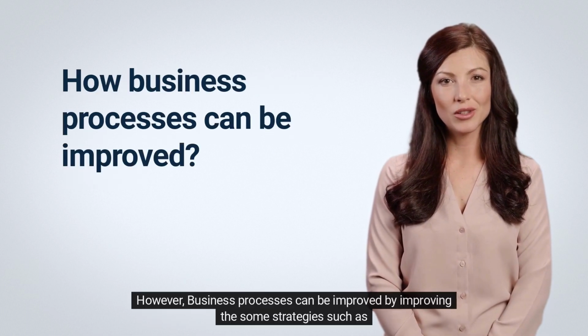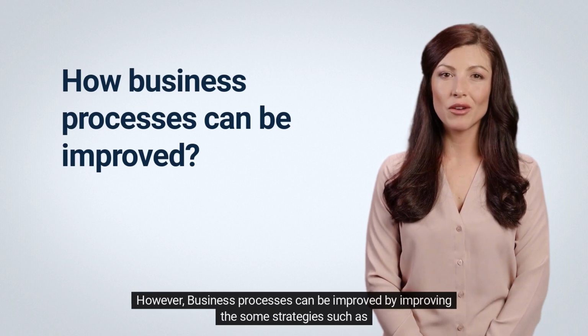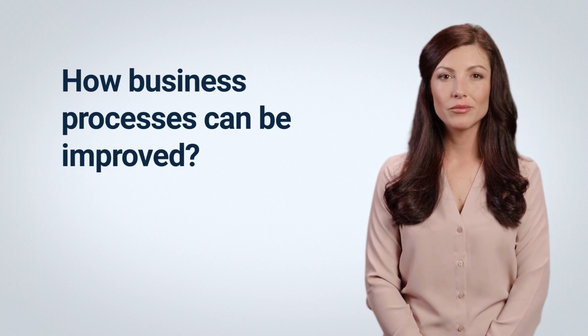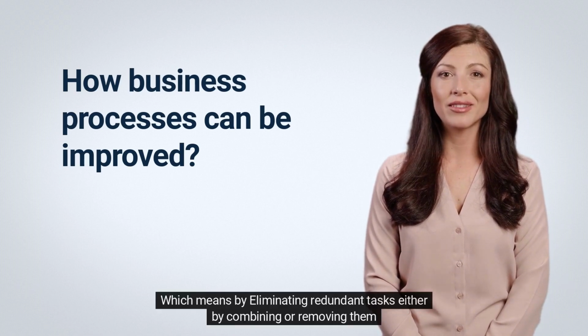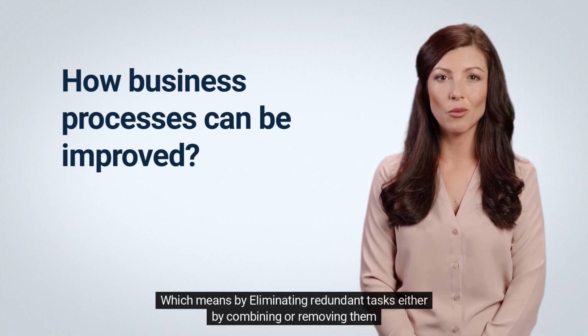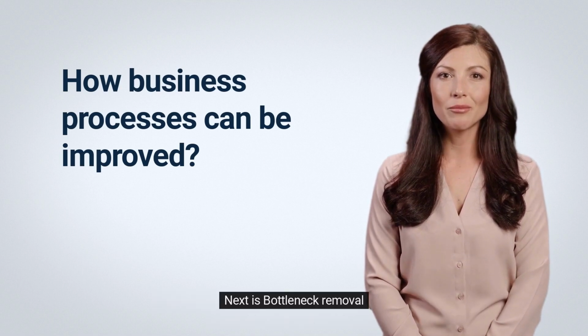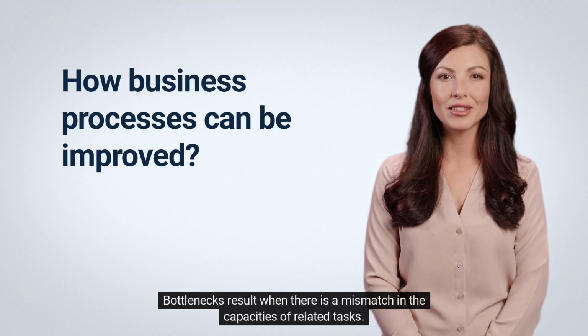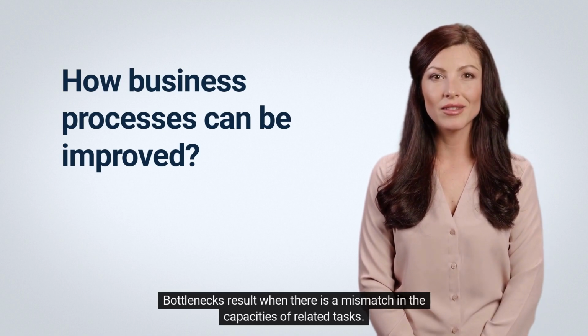However, business processes can be improved by applying some strategies such as simplification, which means eliminating redundant tasks either by combining or removing them. Next is bottleneck removal. Bottlenecks result when there is a mismatch in the capacities of related tasks.